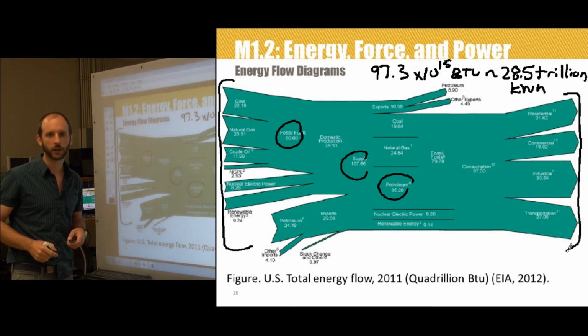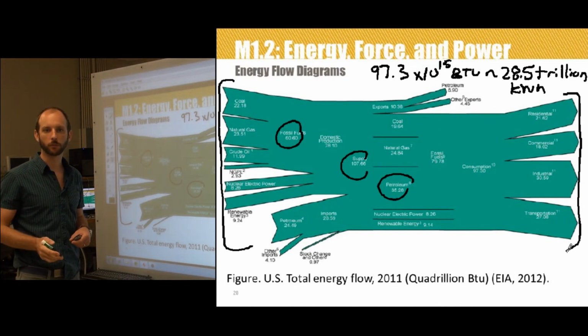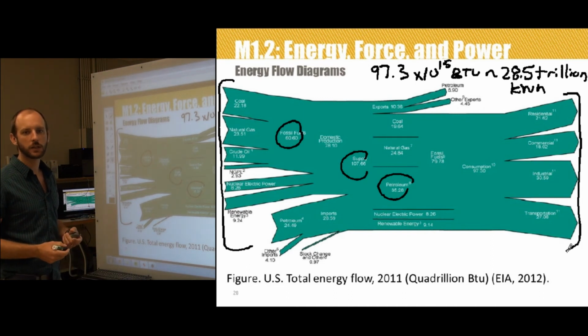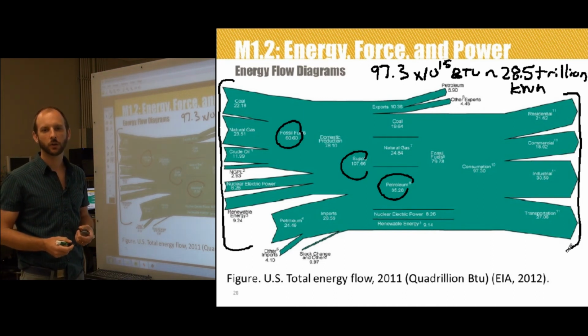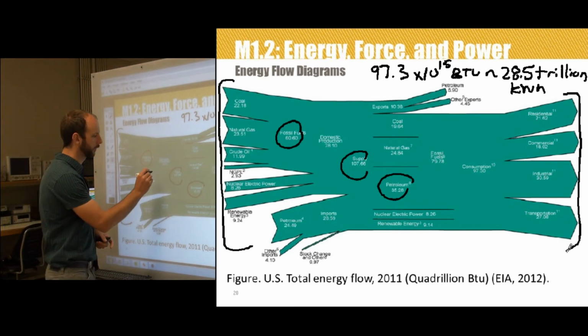in 2011. The left-hand side again represents all the energy inputs into the system. This includes energy imports, energy production, stock change, adjustments, losses, and unaccounted for energy. Here we can see that 78.10 quad of energy was produced domestically. So that's this, domestic production.